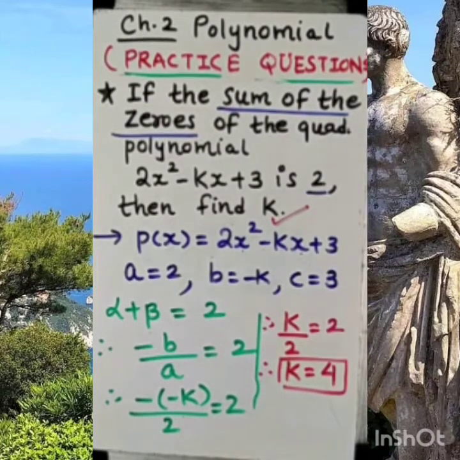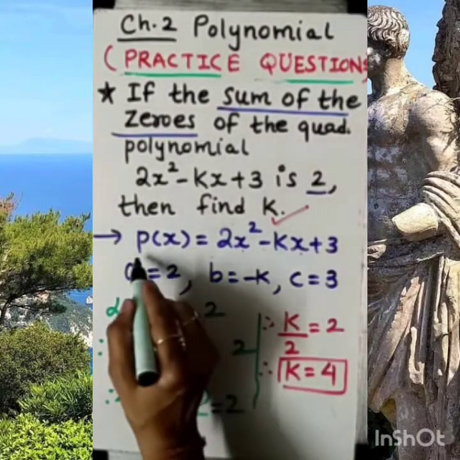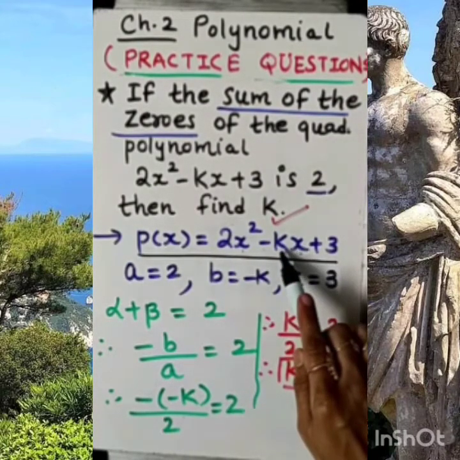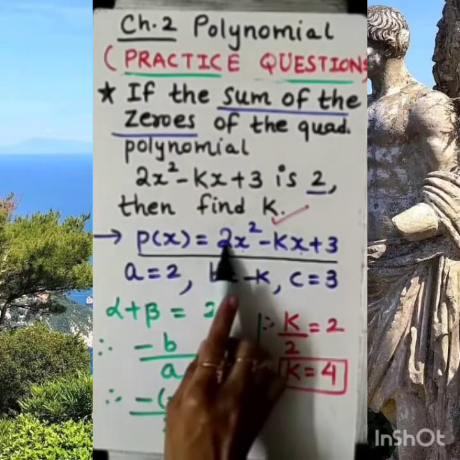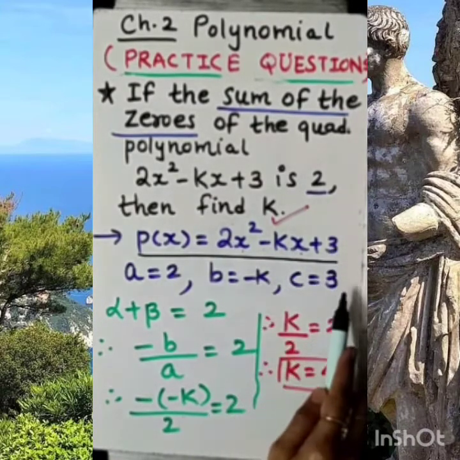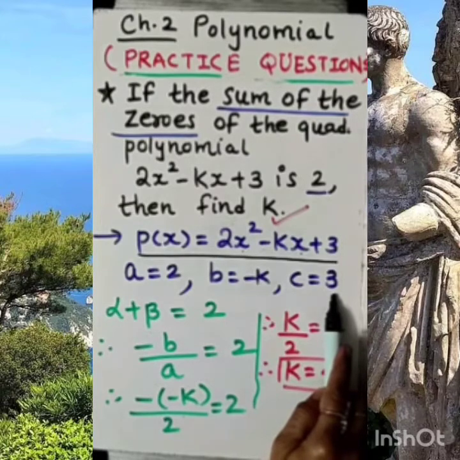Fine. Once again I am explaining to you here. Look at your screen. What are we given in the question? This is the polynomial we are given. You can see in the polynomial k is the unknown variable. So here a equal to 1, b equal to minus k, and c is the constant term, that is 3.